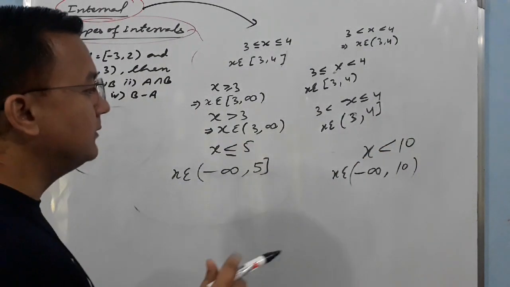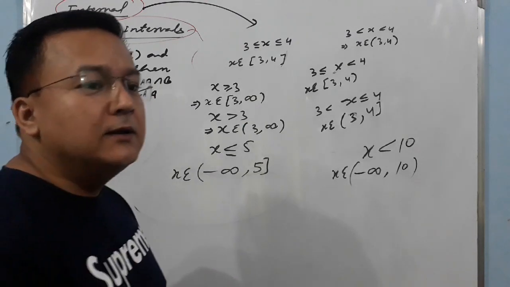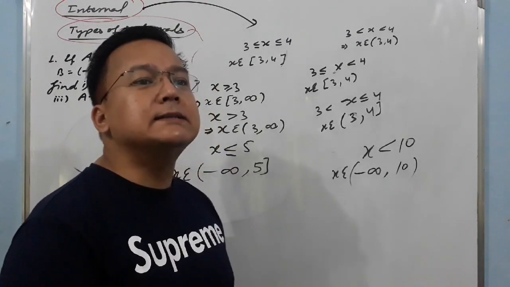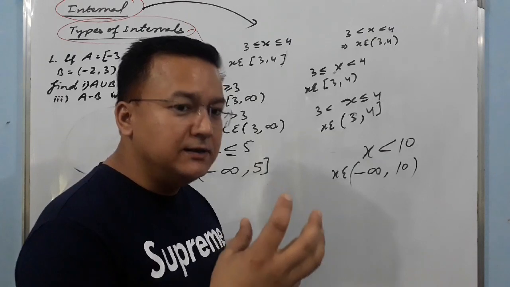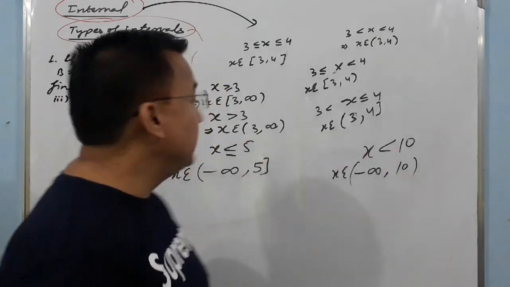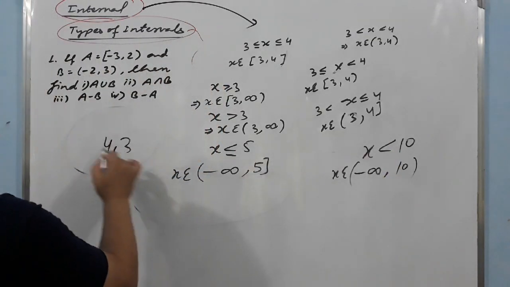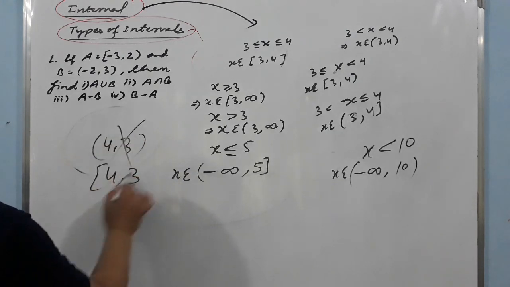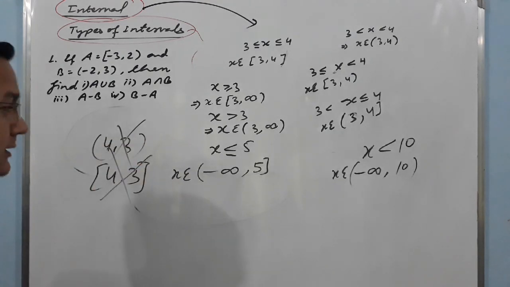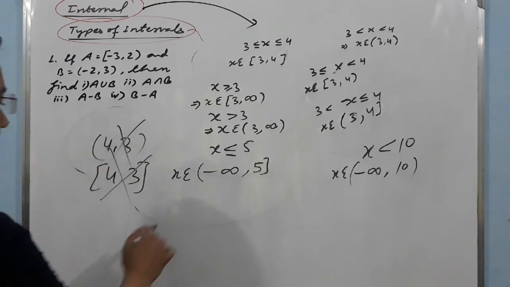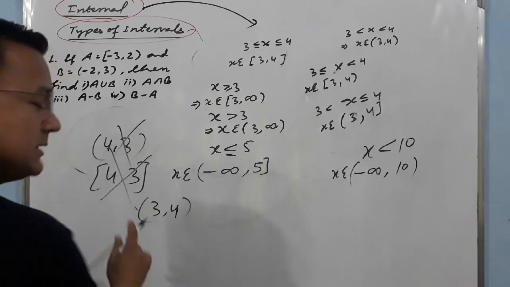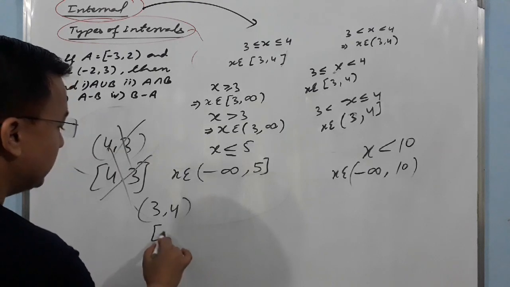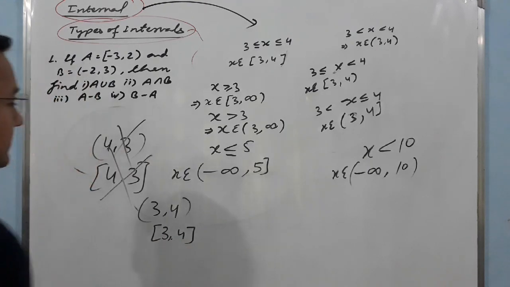One more thing: in an interval, the smaller number is written on the left side and the greater number on the right side. So 4 comma 3 is wrong in an interval. 3 comma 4 is the open interval, and [3, 4] is the closed interval.